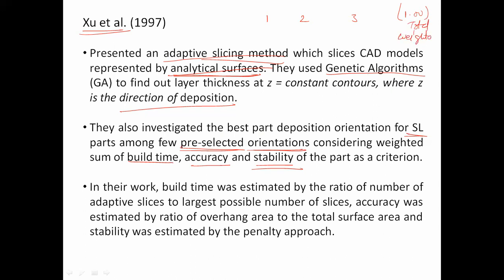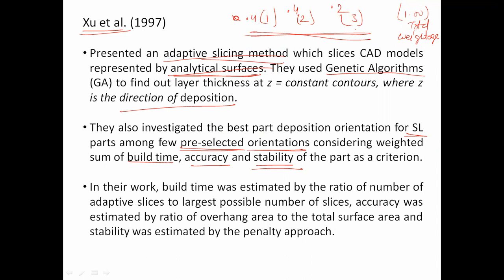Now you decide what is your primary criterion. If it is build time, how much weightage out of 1 would you like to give? Let us assume I am giving 0.4. Then second is my accuracy, and I am also giving it an equal weightage of 0.4, and this automatically becomes 0.2.